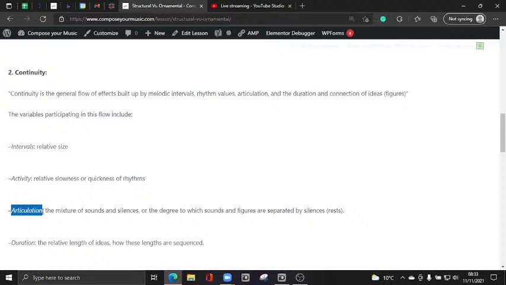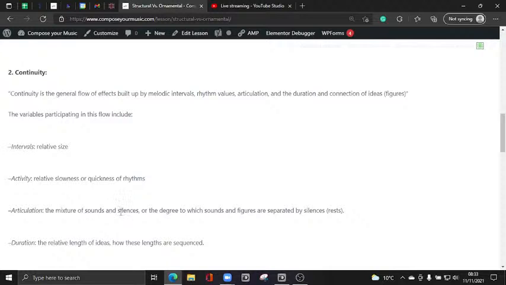Articulation. The curious thing here is that we have the addition of silence. Because when we say articulation, we say legato, staccato, staccatissimo, martellato, marcato. But if you think about it, it's a mixture of sounds and silences.